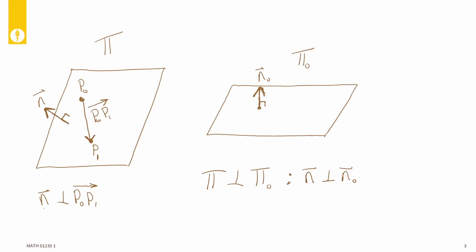And we have a normal vector perpendicular to that vector and n naught. So it has to be perpendicular to both vectors simultaneously. So how would you find n?